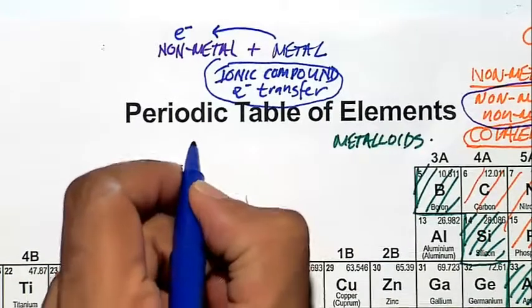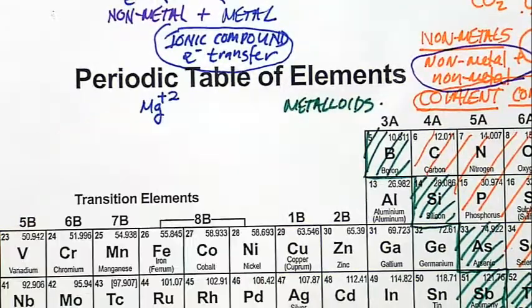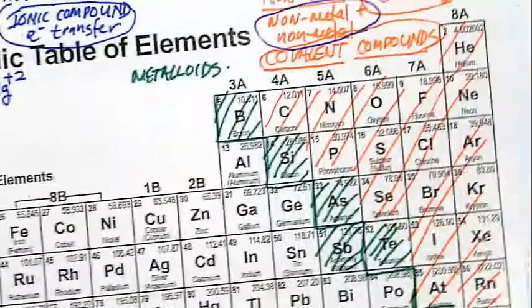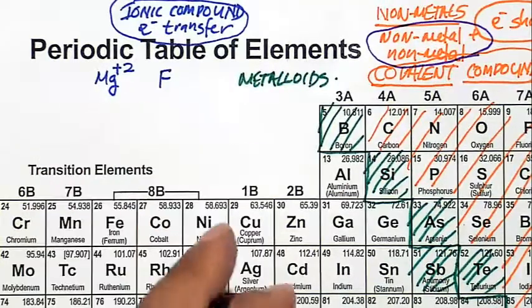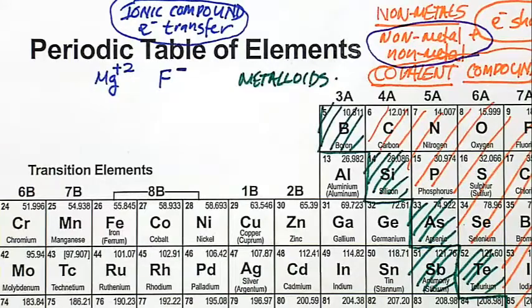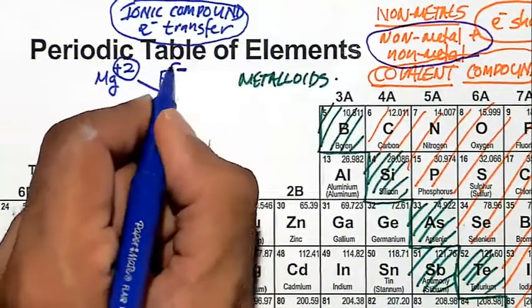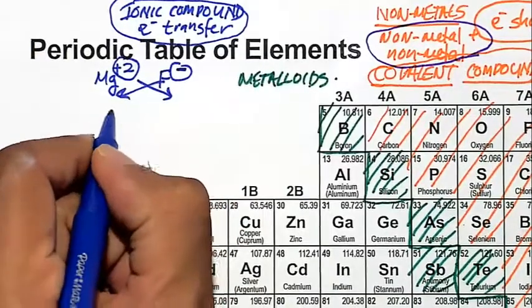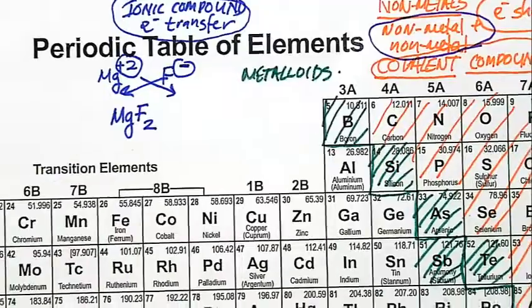Magnesium itself is Mg. It can form a +2 ion. Fluorine, the halogen, by itself, can also exist as an ion, and it could take an electron, the F-. So here the +2 charge interacts with the -1 charge, and in ionic compounds we do the switcheroo, and we have magnesium fluoride.